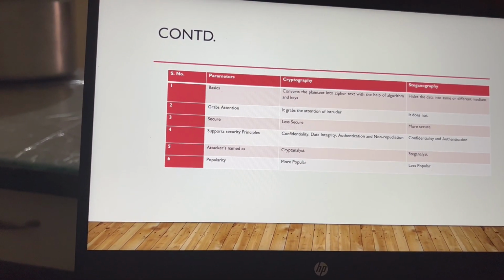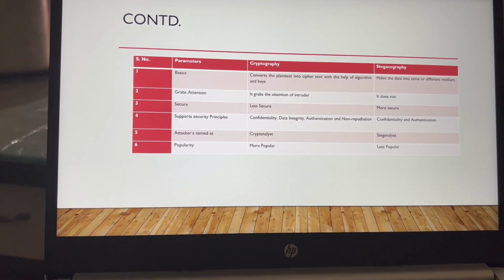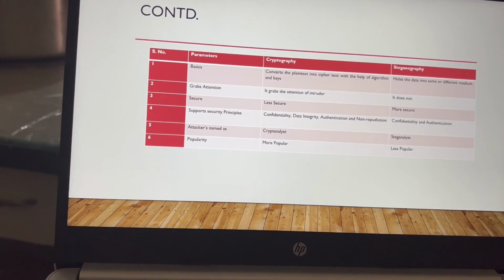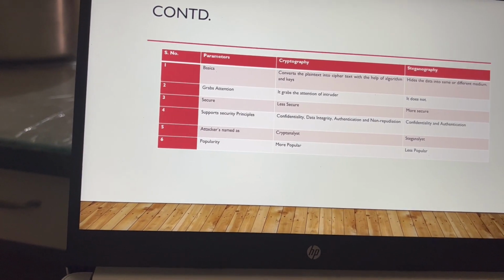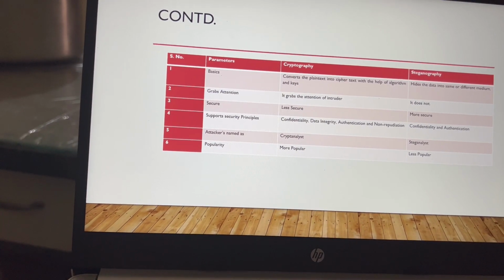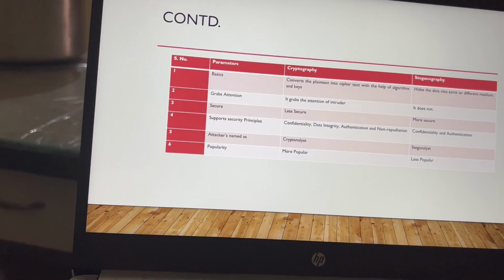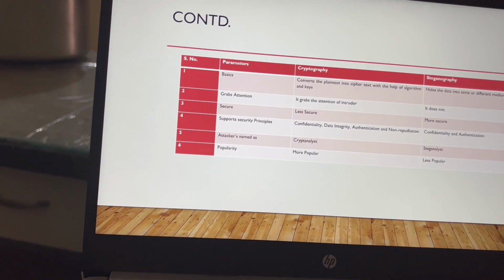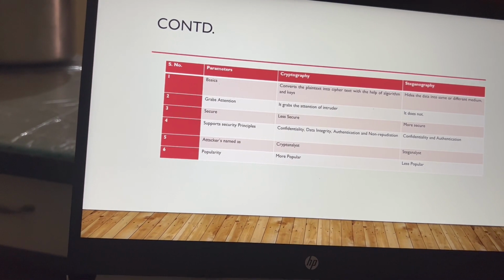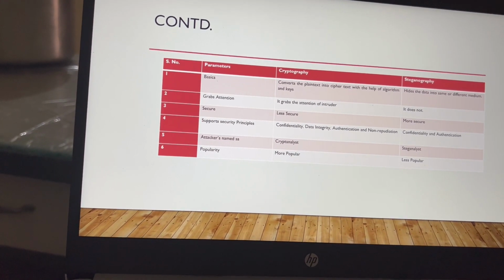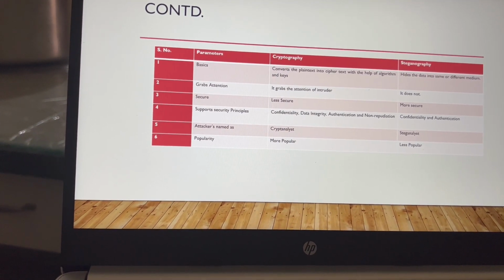These are some of the differences between cryptography and steganography. First, in cryptography, the sending data is converted into another form called cipher text, whereas in steganography, the data is hidden in another medium. Second, cryptography grabs the attention of the intruder, whereas in steganography, the attention of the intruder is not grabbed.